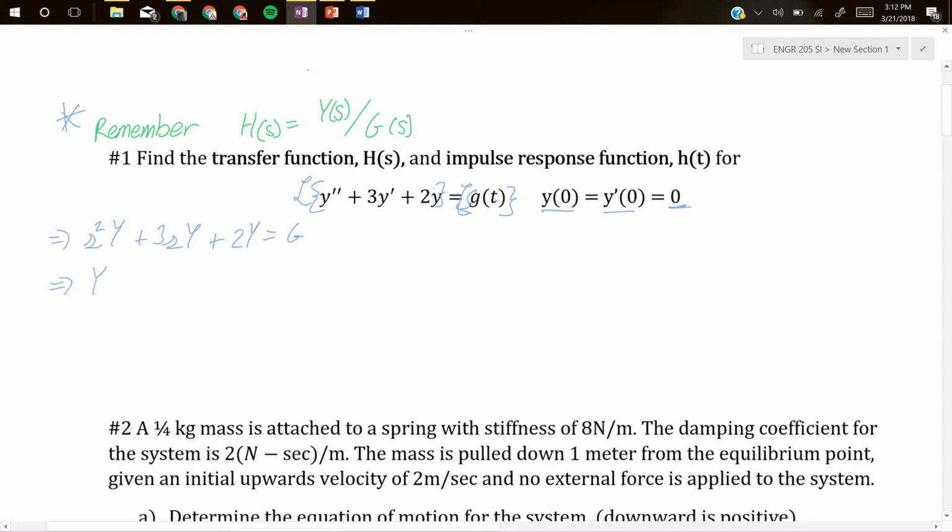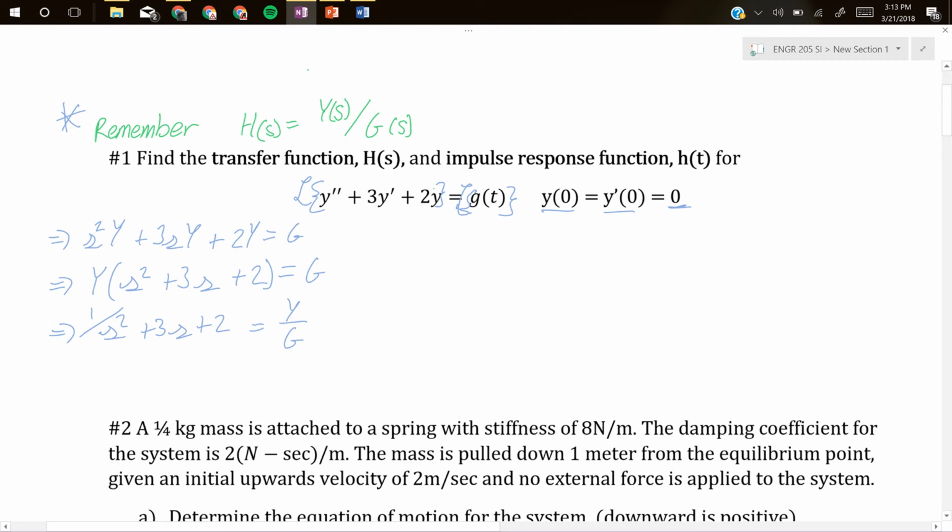So it's going to become capital Y times (s squared plus 3s plus 2) equals G. So I'm going to get Y over G, so I'm going to divide the G over and then the s squared terms over. So now I have 1 over s squared plus 3s plus 2 equals Y over G.